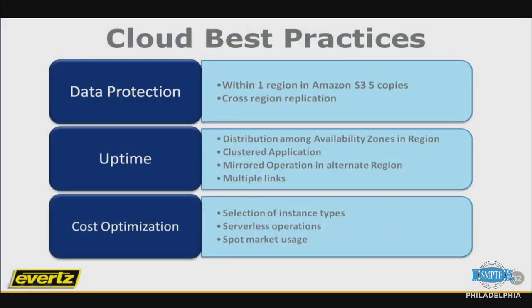So, some of the best practices we can use for data protection. The inherent data protection that you have in Amazon's cloud offering, I'm going to refer to Amazon because that's mostly what I'm familiar with, is they keep 5 copies of every single file within one region.